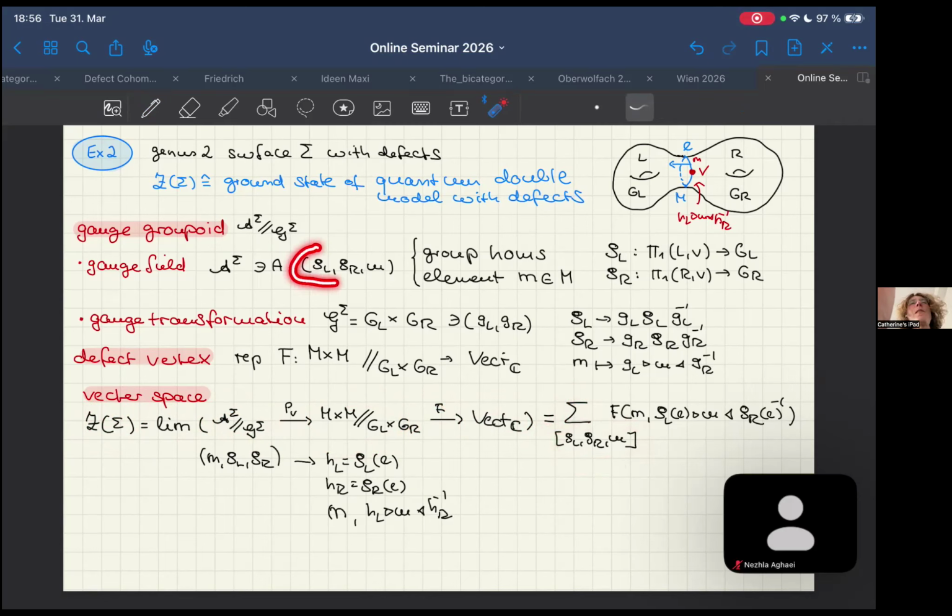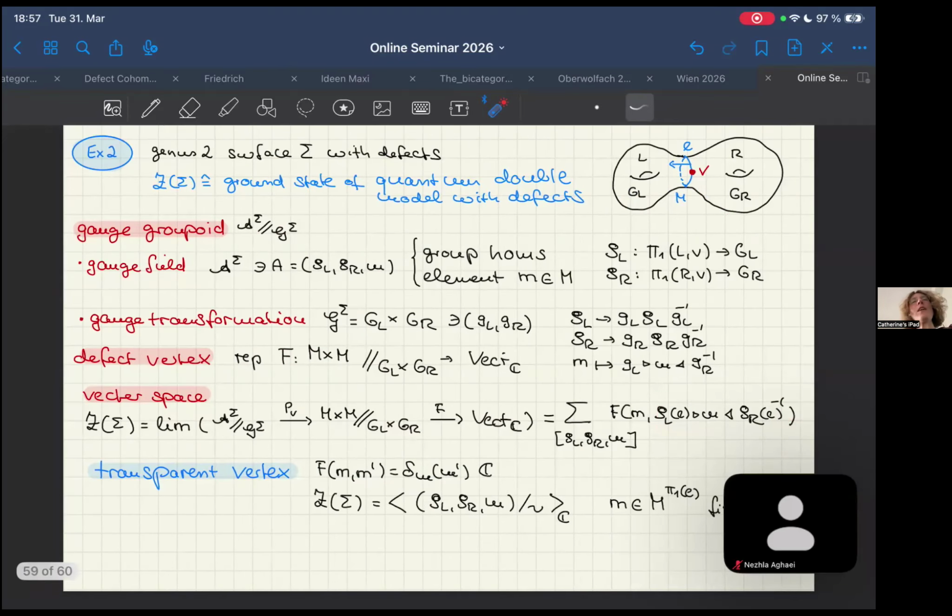So such triples here, but only up to these gauge transformations. So I take one representative in each class. And then I apply this functor f that labels the defect vertex, and I apply it to M, and I apply it to the other element that is made out of M by going once around the circle to the other end of the vertex. And that's basically the ground state.